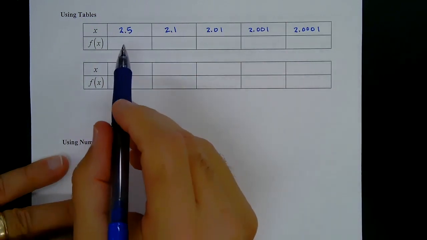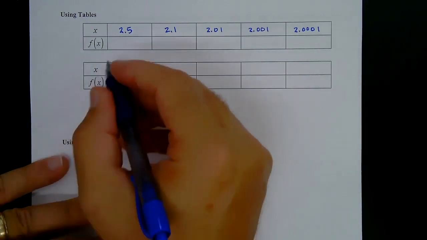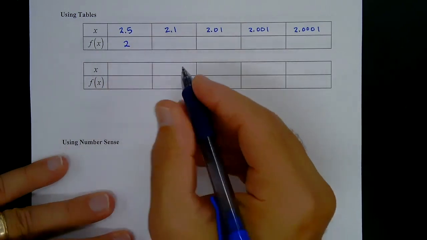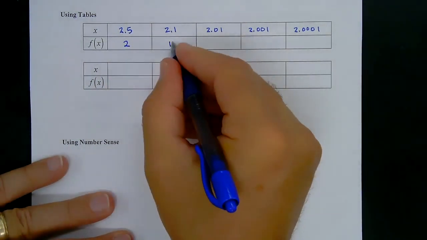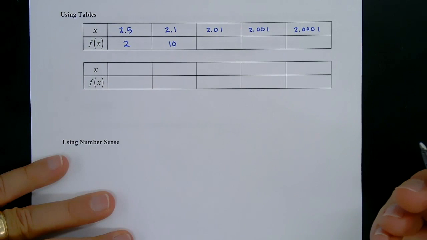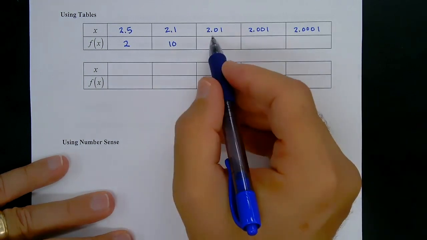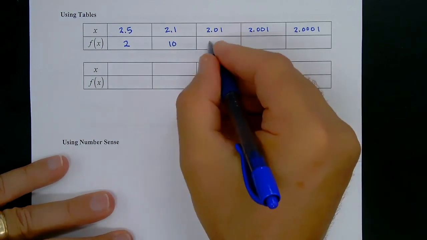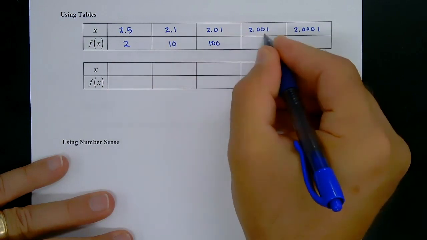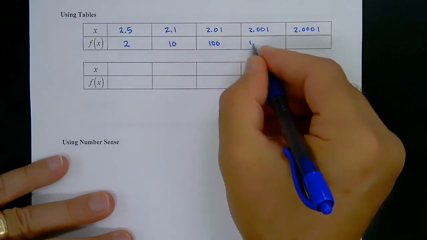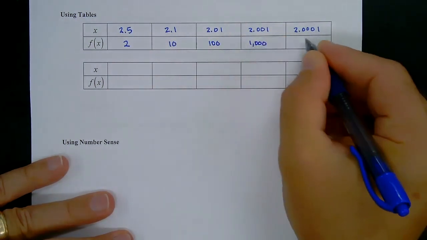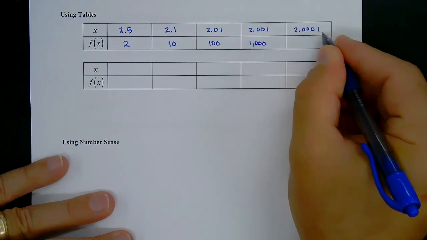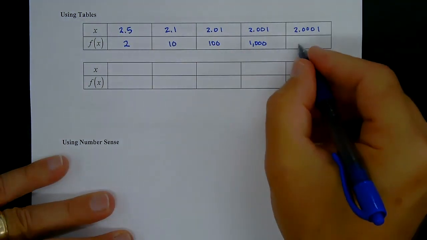When x is 2.5, my y value is 2. When it's 2.1, it's 10. And you could build a table on the calculator like I showed you, okay? When it's 2.01, it's 100. 2.001, it's 1,000. 2.0001, and we get 10,000.